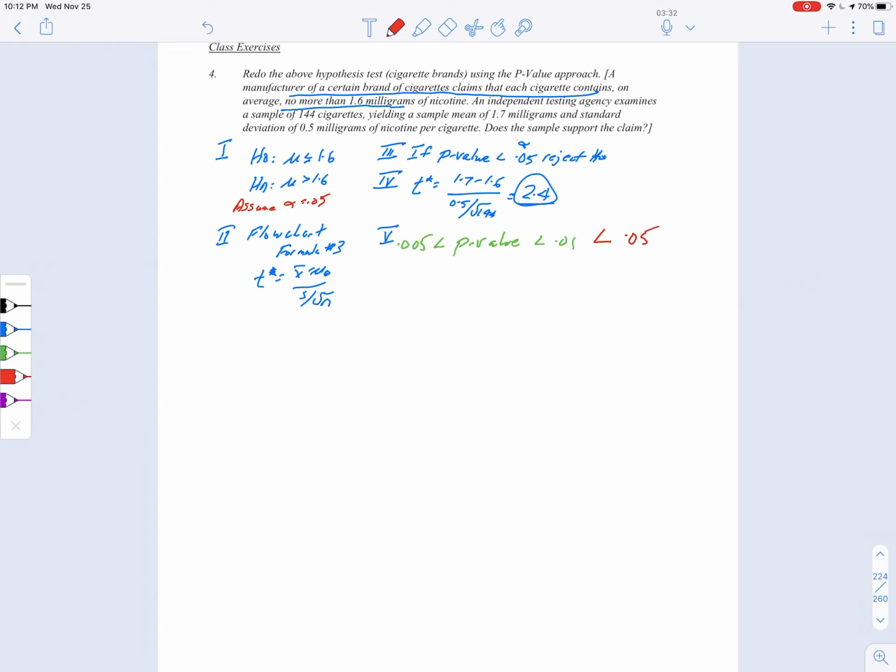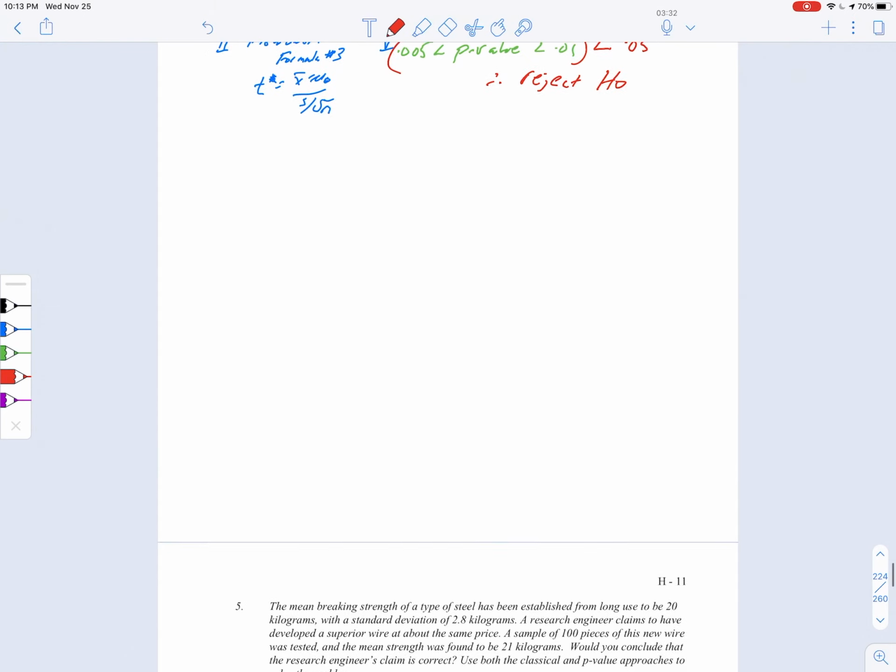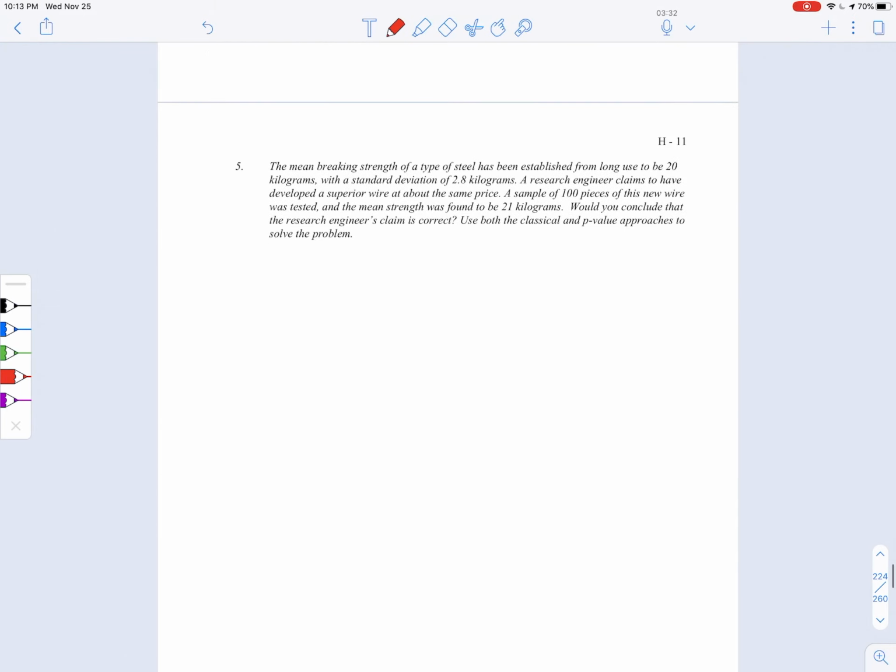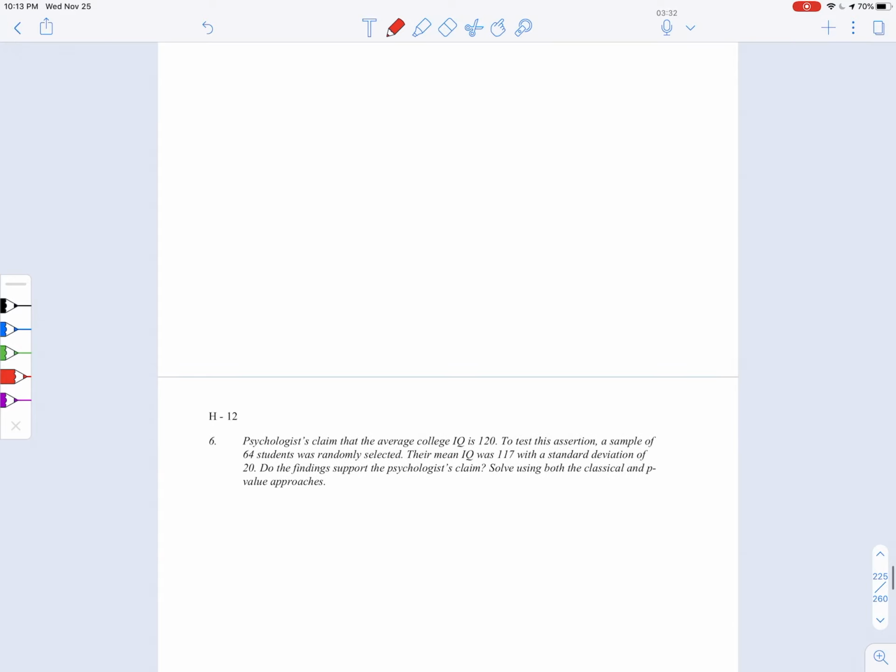So that was actually the p-value approach. What we have here is that this p-value, somewhere between 0.5% and 1%, is less than your alpha of 5%, and therefore you reject H0. That's our conclusion. We reject H0 in favor of HA.